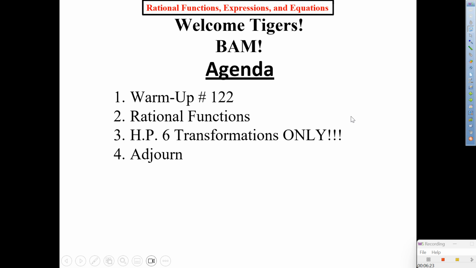Copy the agenda, please. Warm up 122, rational functions. Home plate for tonight, 6 transformations. 6 transformations. All right.